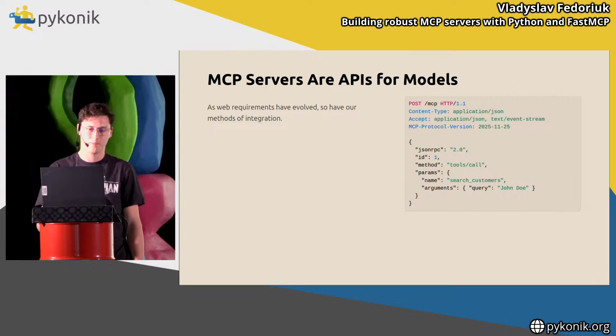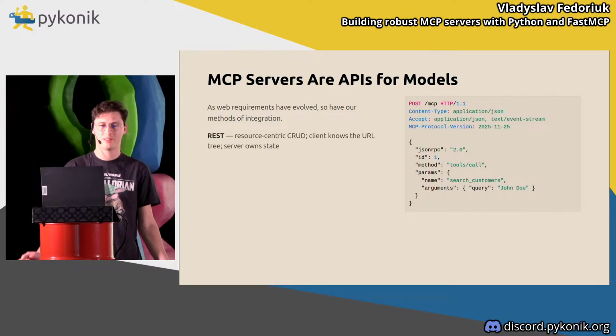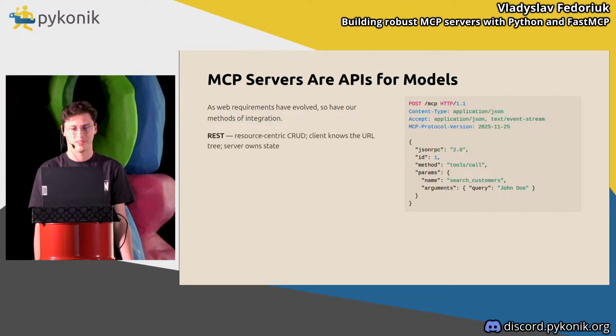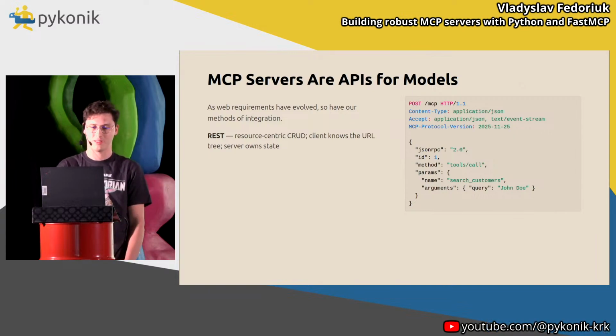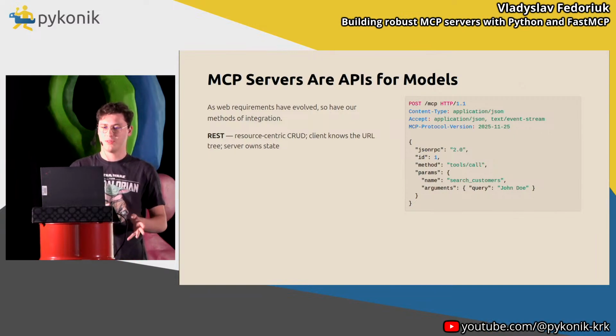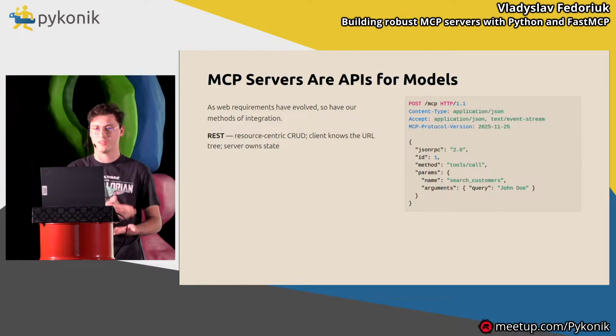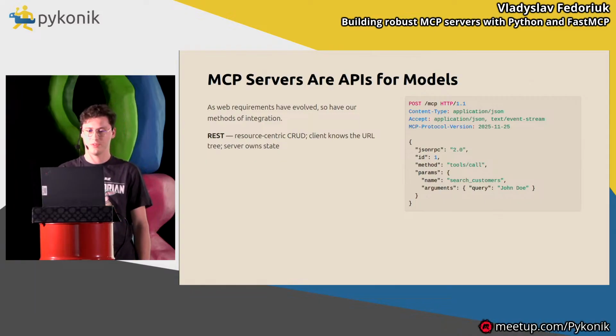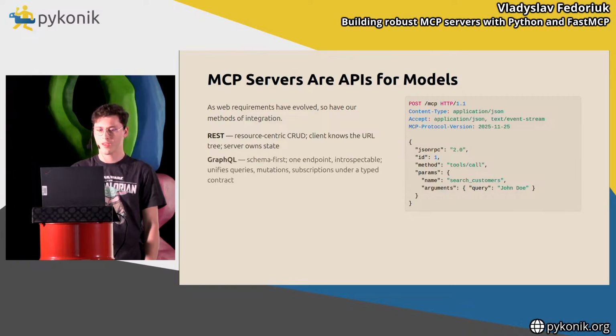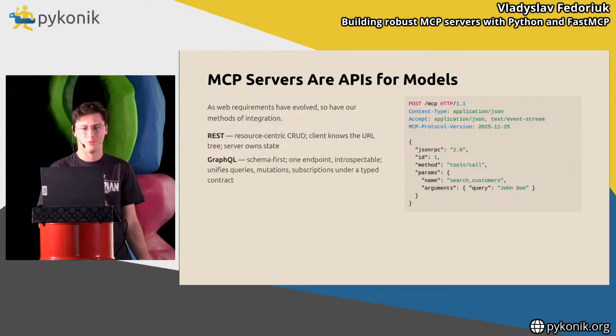For a long period of time we had REST, and we still do have REST, which is a great API style, more resource-centric, where clients need to know the resource tree, all the URLs to use to interact with the server. And then GraphQL emerged, which is more, I would say, schema first.